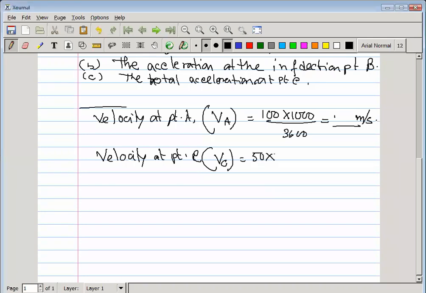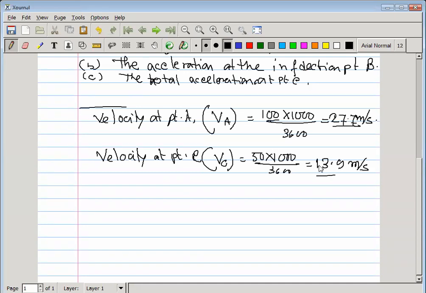Here it is 50 into 1000 by 3600. 100 into 1000 divided by 3600 is 27.7. And this is half of 50, so 13.9 approx.